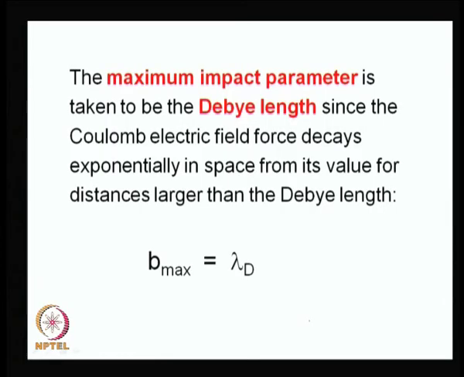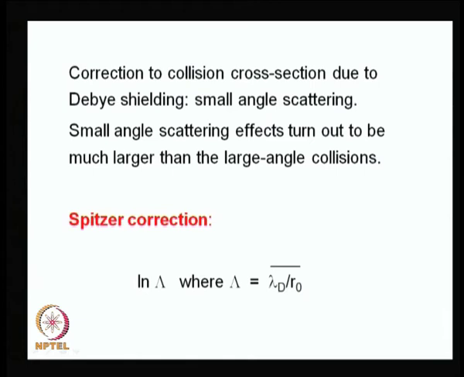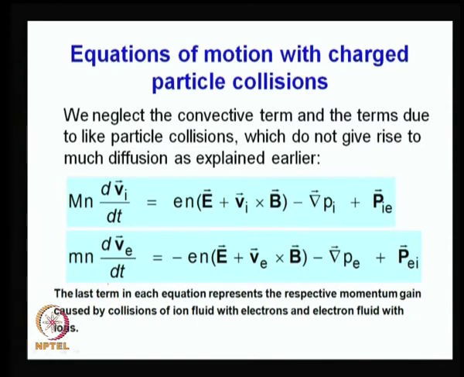So, we are considering a collision between r0 and the Debye length lambda D, and we have seen the parameters for 90 degree collisions. The maximum impact parameter is simply the Debye length. We have already written the collision frequency for 90 degree or large angle scattering. For the small angle scattering effects, a small correction, which is called the Spitzer correction, needs to be added, and we will not go into the calculations because these are pretty involved.